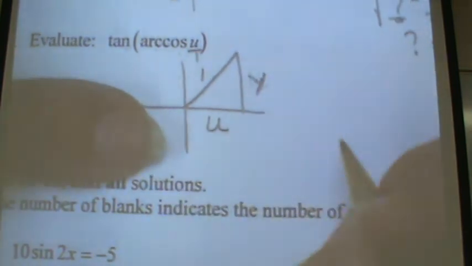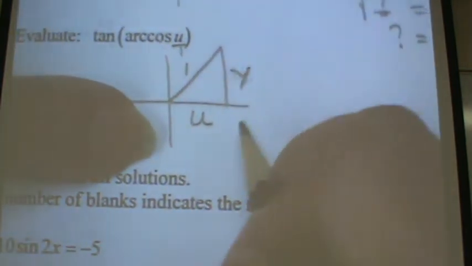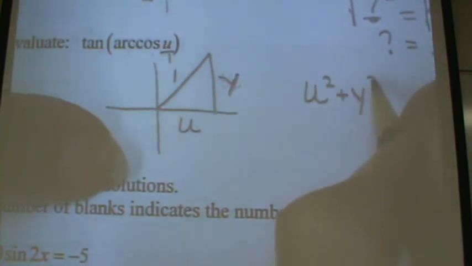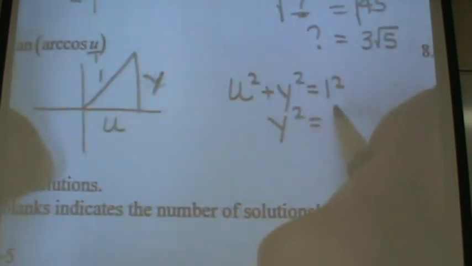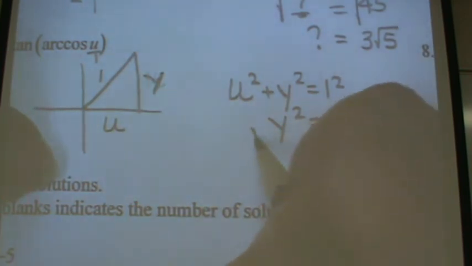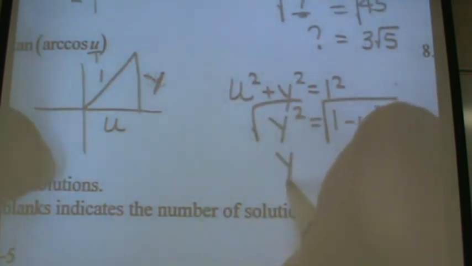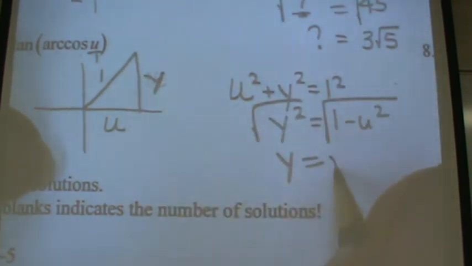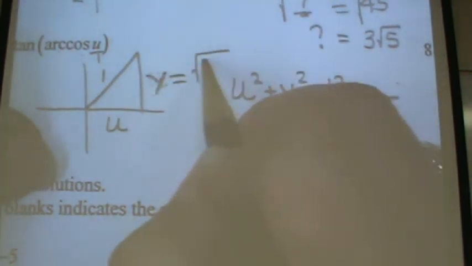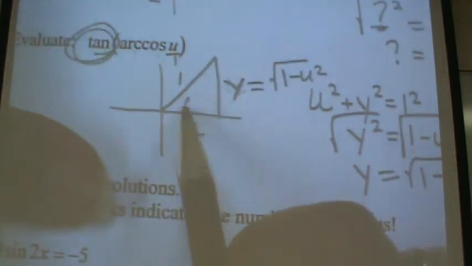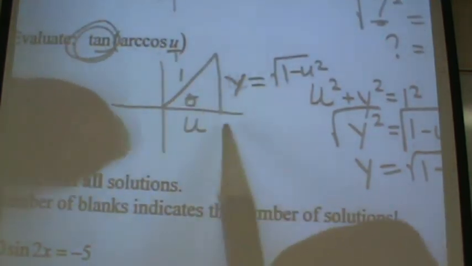I'm going to call this y instead of question mark. So in other words, u squared plus y squared equals 1 squared. So y squared is equivalent to 1 minus u squared, square root both sides. So this side is equal to the square root of 1 minus u squared. So the tangent of this angle would be opposite over adjacent.